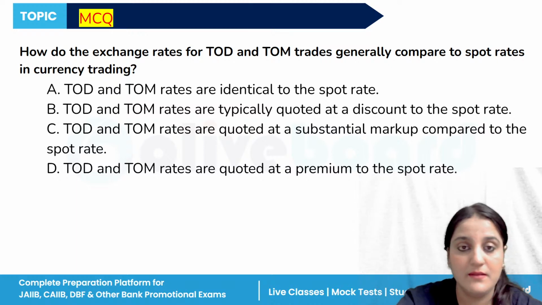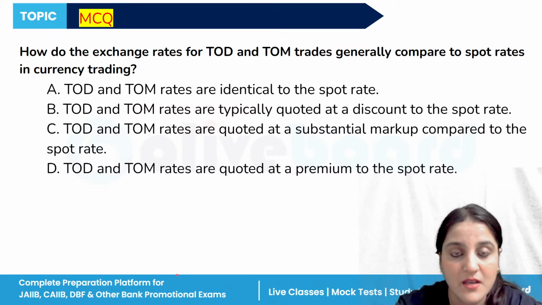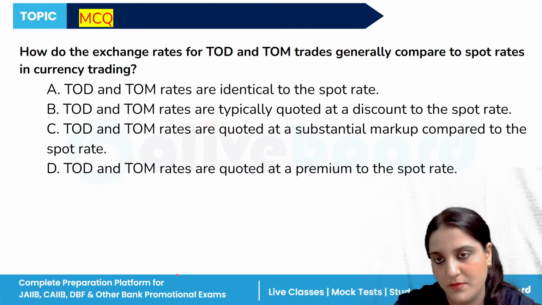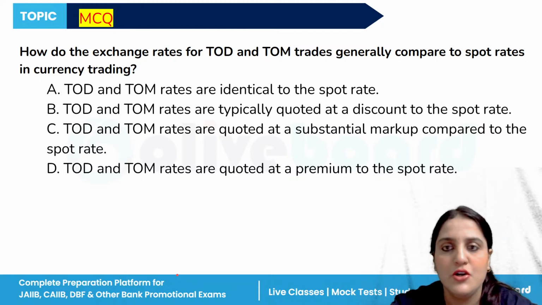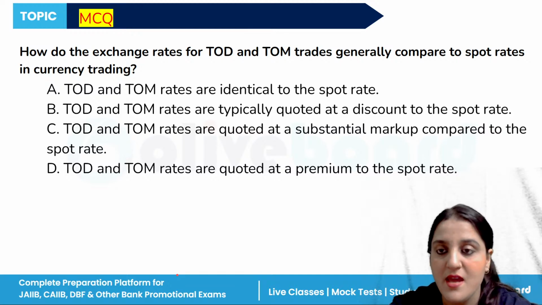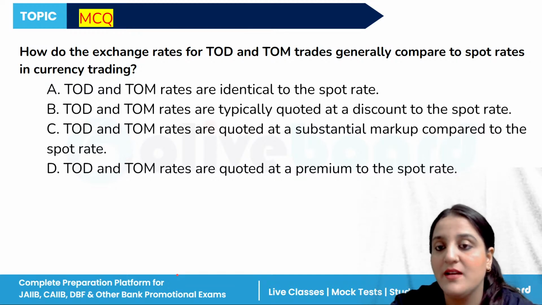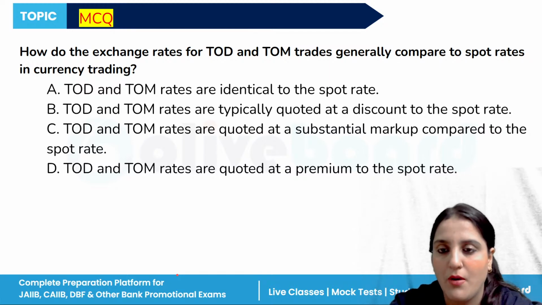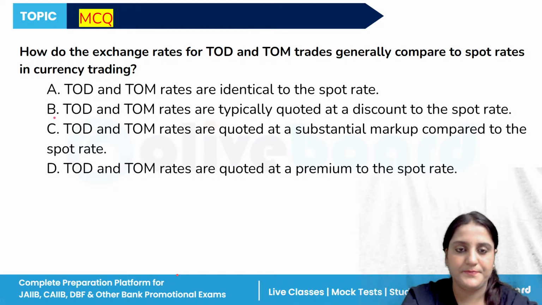And yes, this also explains how the exchange rates for the TOD and TOM trades generally compare to spot rates in currency trading. So you can say option C is correct because these are quoted at a substantial markup compared to the spot rate. So option C is correct here.